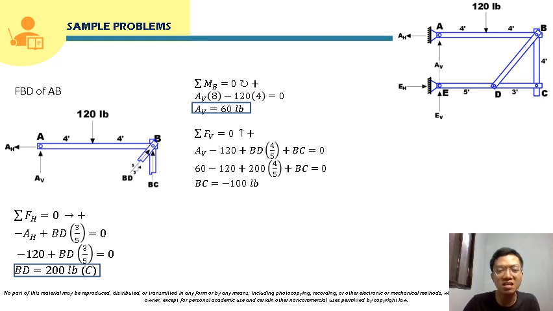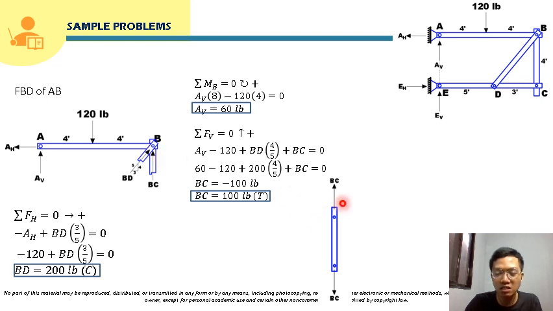So our answer here is negative, meaning our assumption for BC is wrong. So BC is not subjected to compression. BC is actually in tension, so BC is 100-pound tension. We can box that already. If we redraw the free body diagram of member BC, it is actually subjected to tension, so force BC will be directed this way.